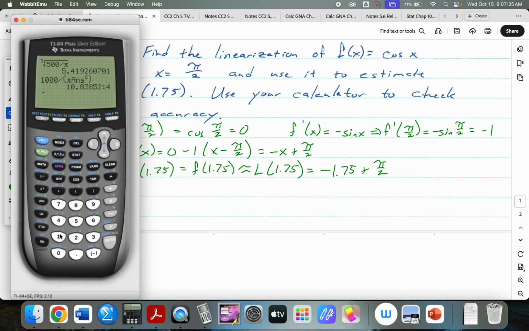If we do negative 1.75 plus pi divided by 2, we get negative 1.79 something. So let's try cosine of 1.75.